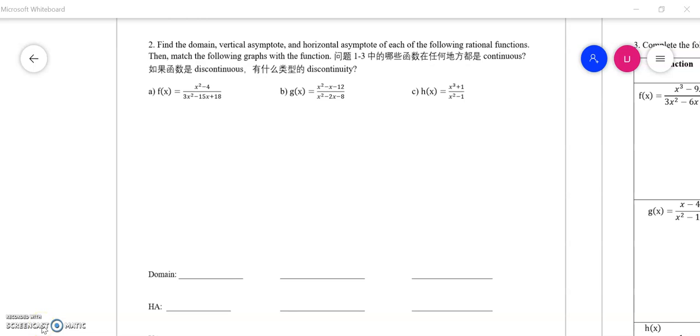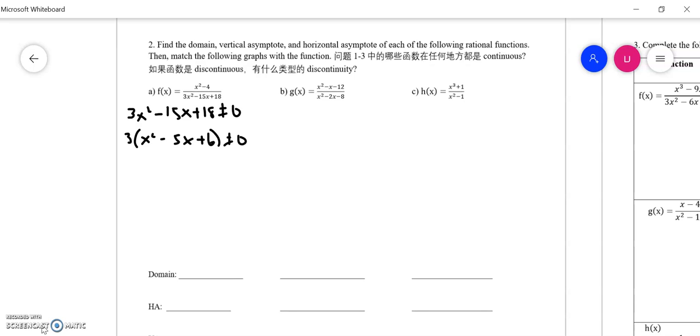All right, so to find the domain, we take the denominator and we set it not equal to 0. So we'll have 3x squared minus 15x plus 18 does not equal 0. We have to factor this. That's 3 times x squared minus 5x plus 6 does not equal 0.